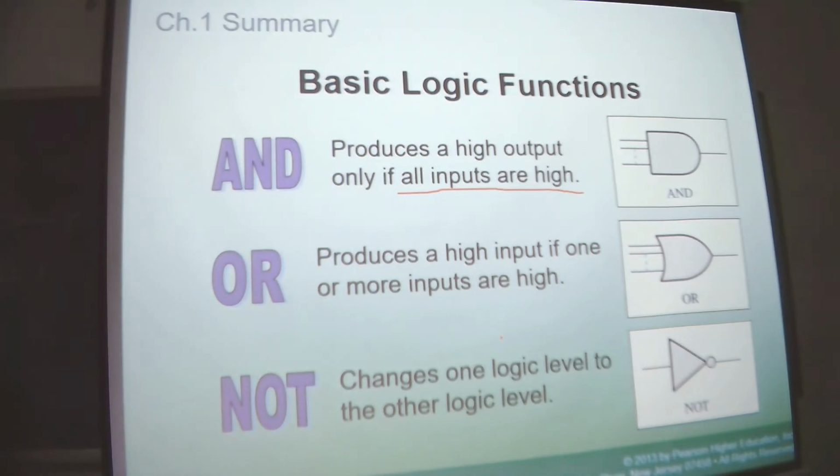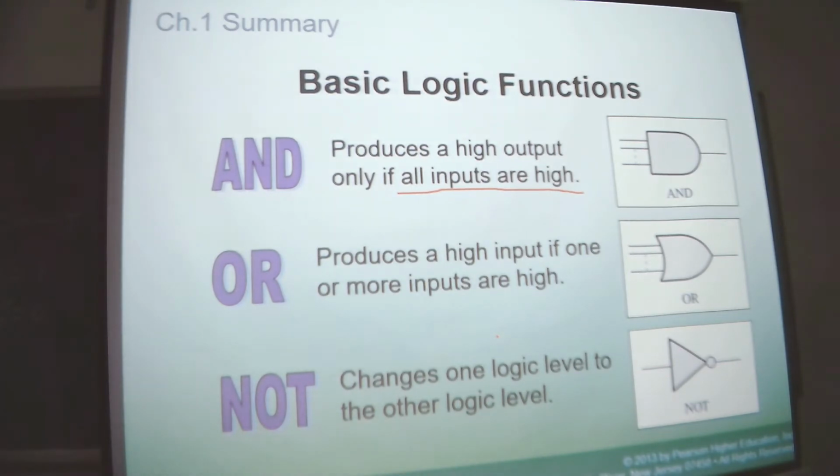If A equals 1, then Y equals 0. We only study the three basic logic functions.